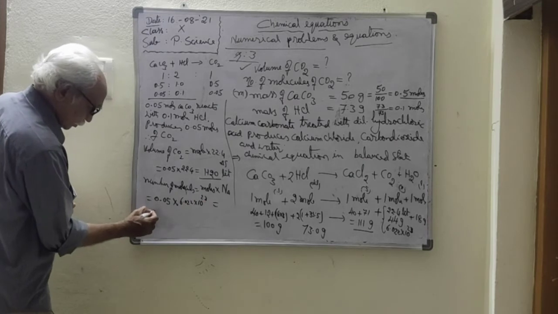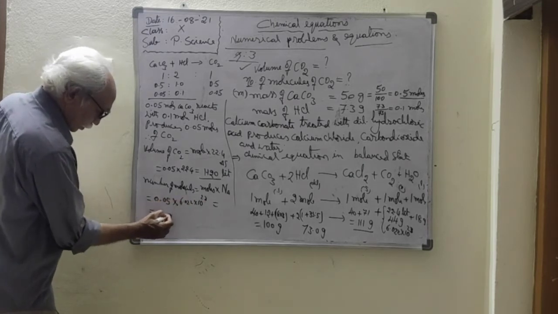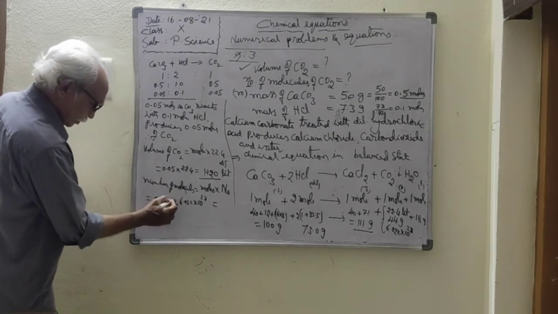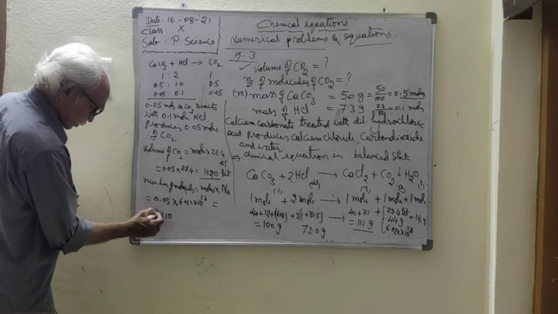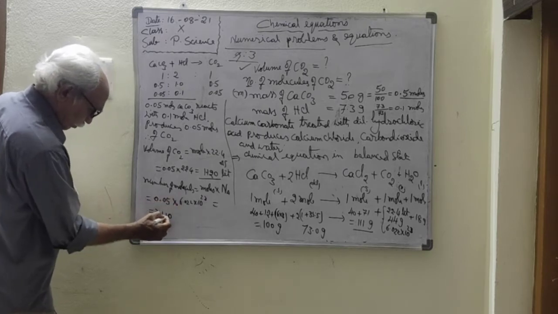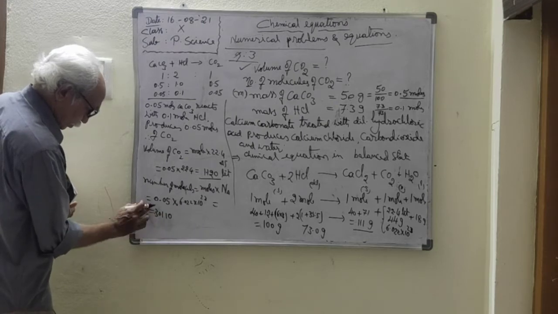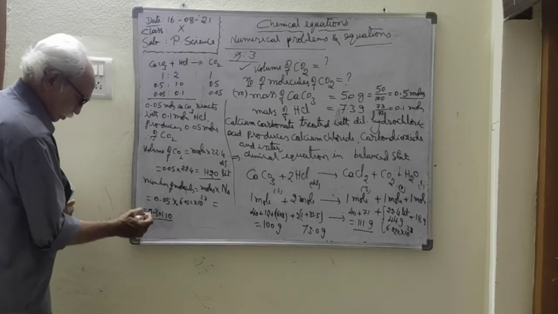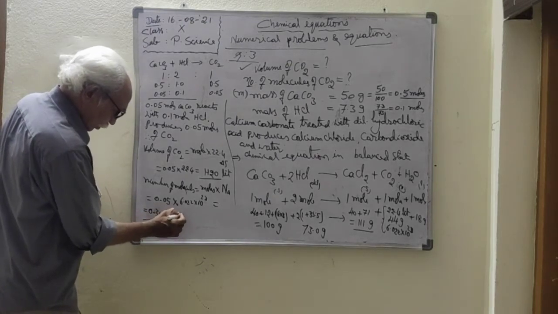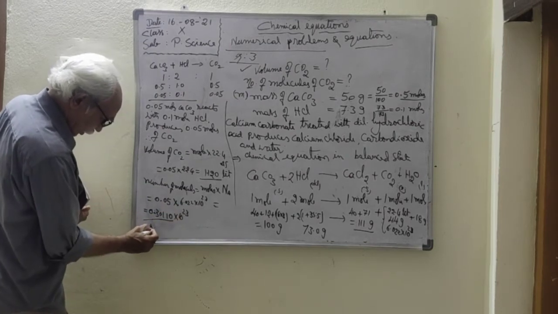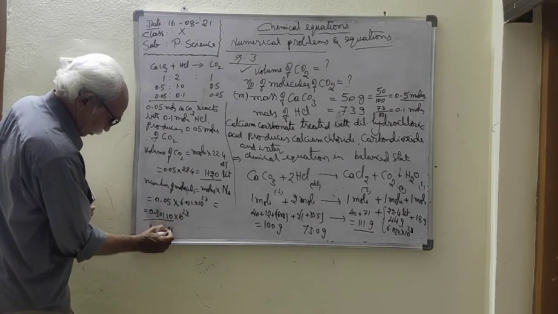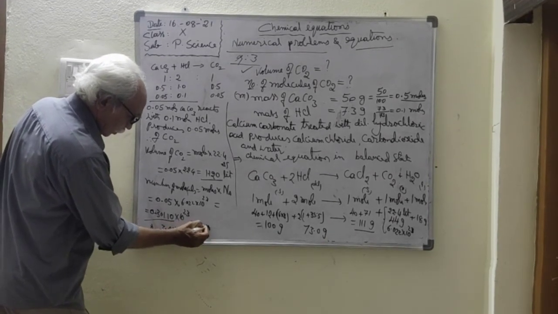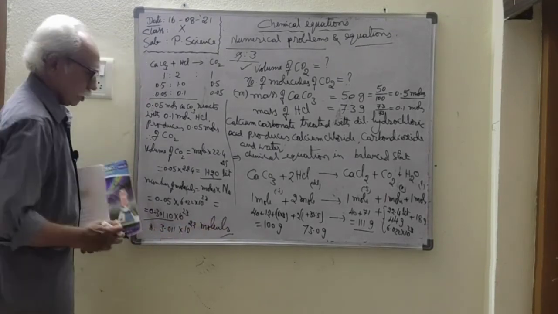Five 2s are 10, five 6s are 30, so you can get the answer as 0.35 into 10 power 23, or you can write 3.011 into 10 power 22 molecules. So this answer you can write.